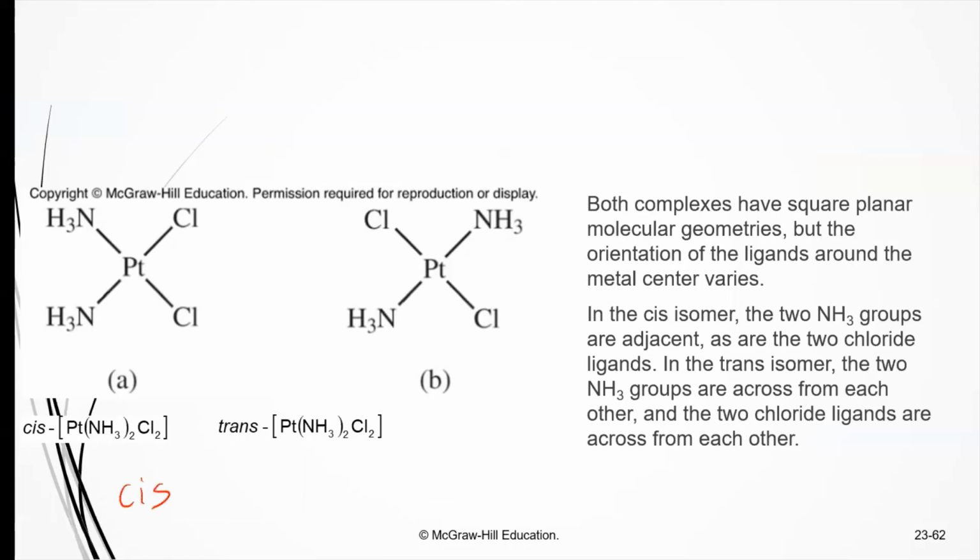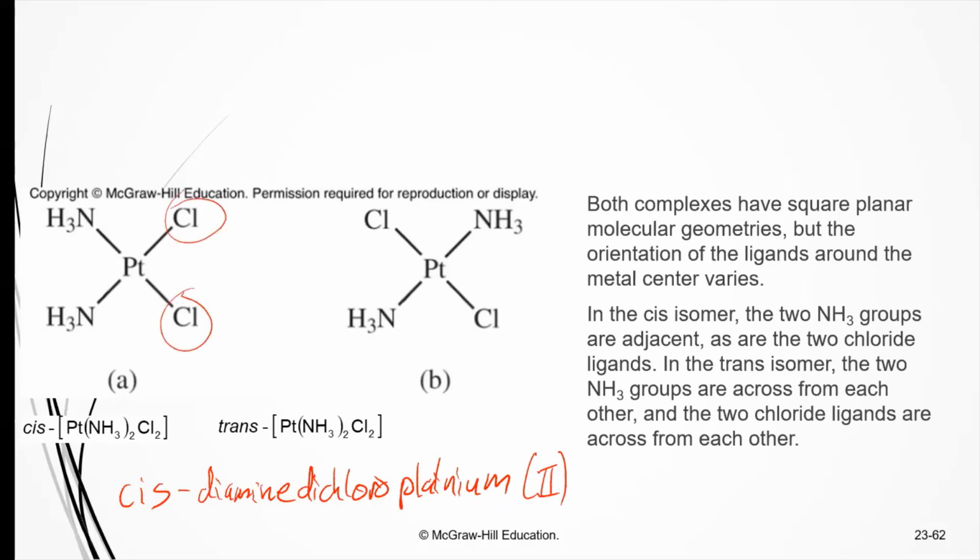We have no charge up here, so this should be cis-diamminedichloroplatinum(II), because we have two amines, two chlorines, and the platinum is not a negative charge. The cis is telling us that our chlorines are next to each other. Our trans is telling us that they're going to be across from each other.